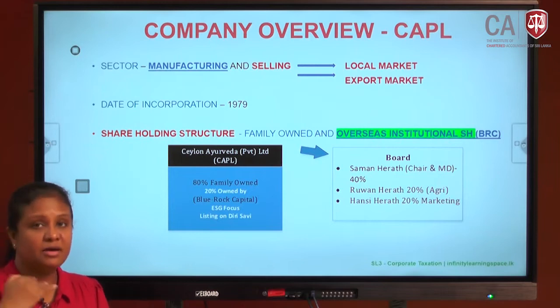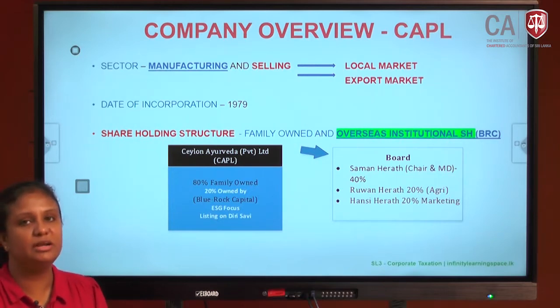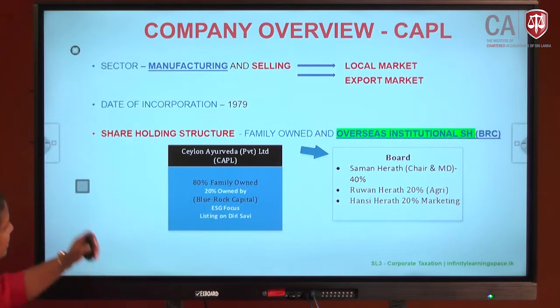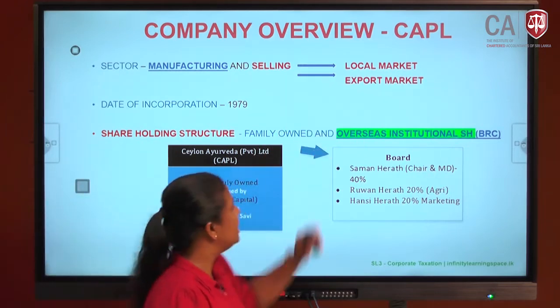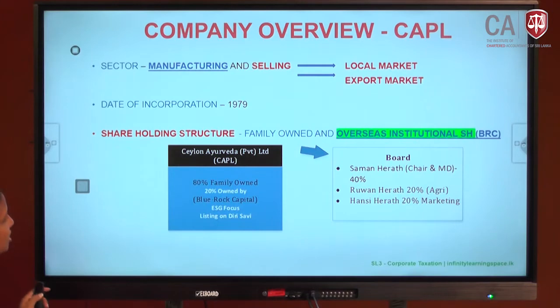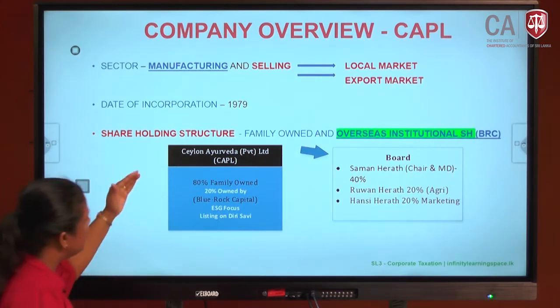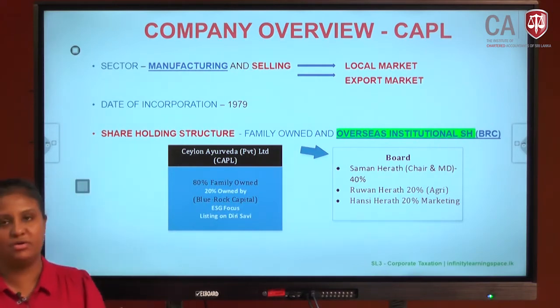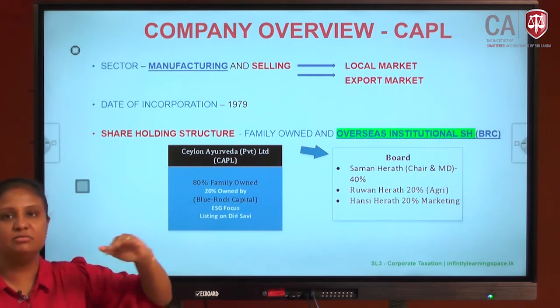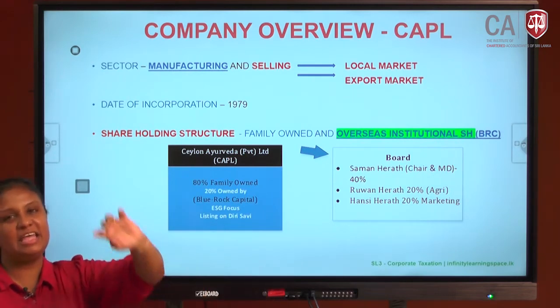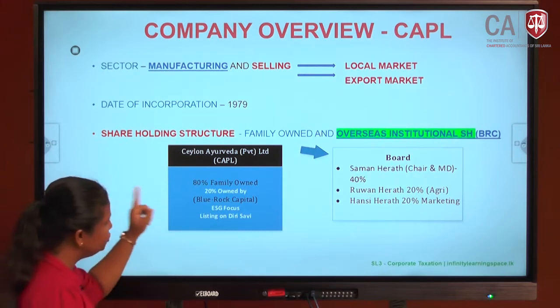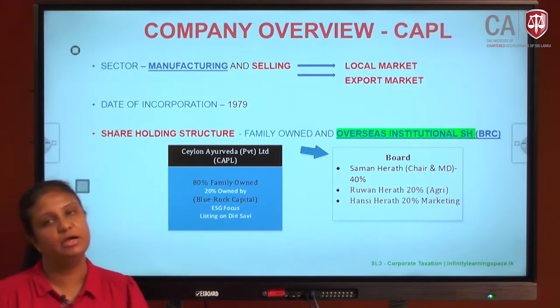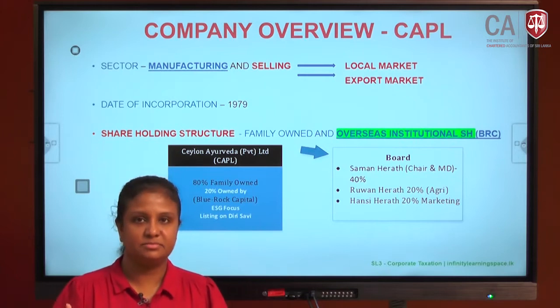Why? There are questions from the shareholding structure also. When it comes to the shareholding structure, as I have explained, it is 80% family owned, local, with the co-founder there. However, 20% is owned by Blue Rock Capital.